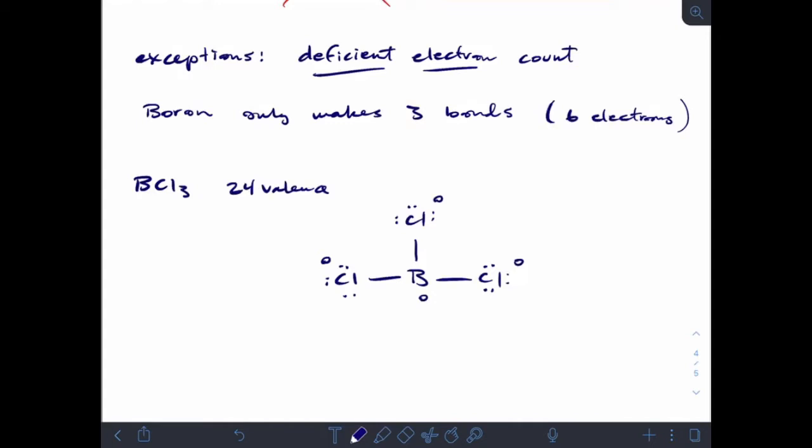Okay, we're perfectly happy as we are. So avoid trying to make extra bonds with one of the chlorines in order to force boron to have 8. Boron is perfectly happy with 6 electrons around it.